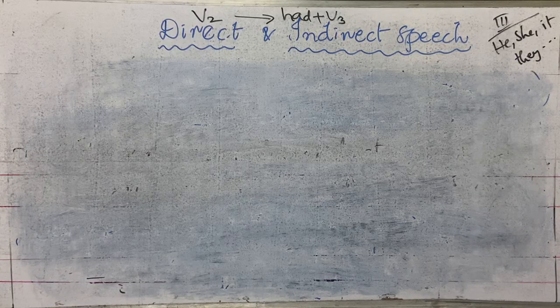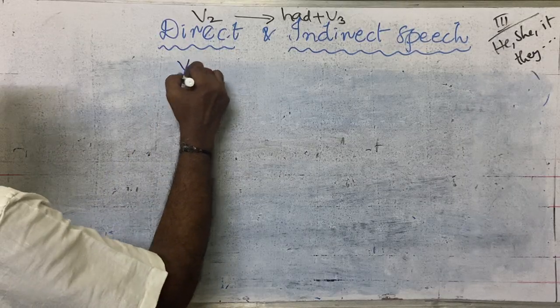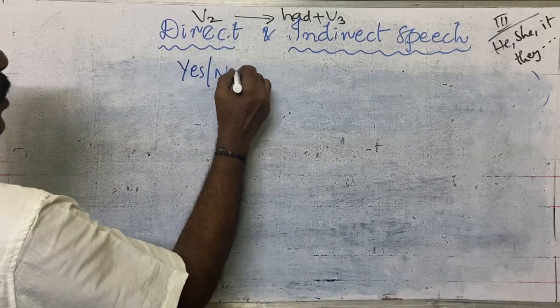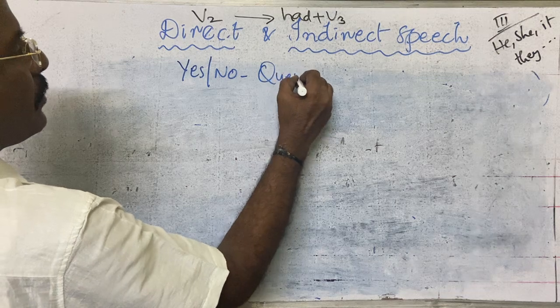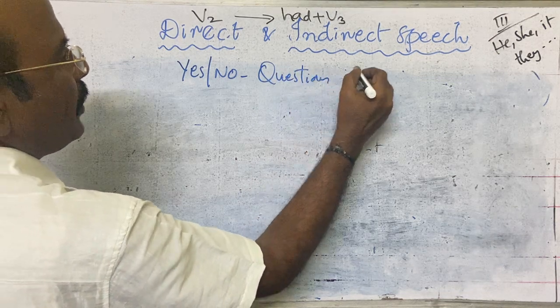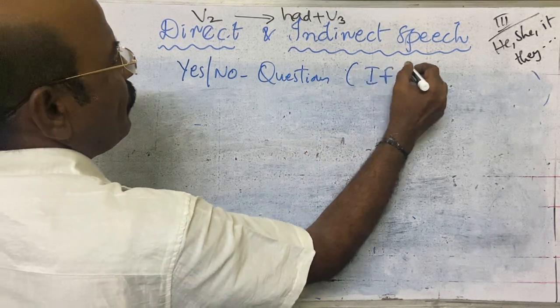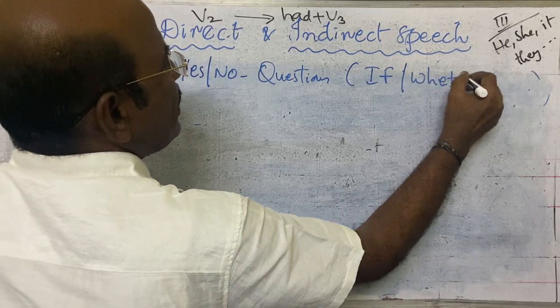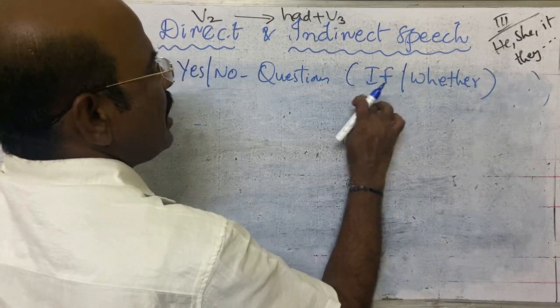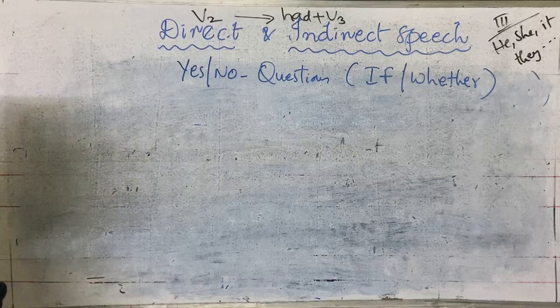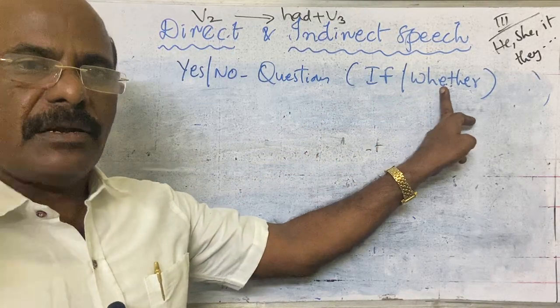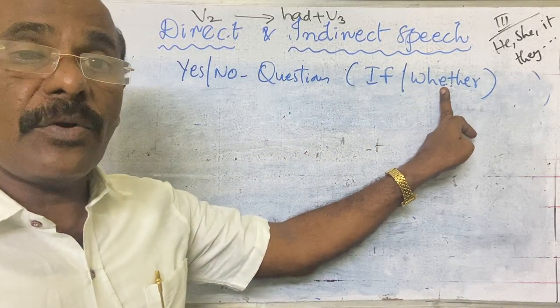Now we can take yes or no questions. Here the conjunction will be if or whether. Whether has the same meaning as if. Weather, the other one, is different; it is our surroundings weather coming.